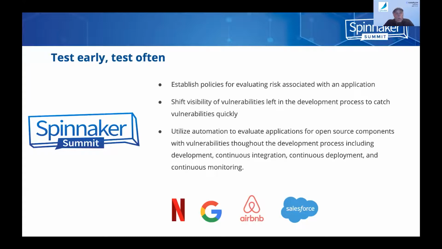As I had mentioned before, security is outnumbered by development on the scale of 100 developers to 1 security person. So you're going to want to utilize automation as much as possible to create an army for yourself to look at these vulnerabilities and cover all of the different applications within your environment. Now let's take a look at applying some of these principles to a typical software development environment.